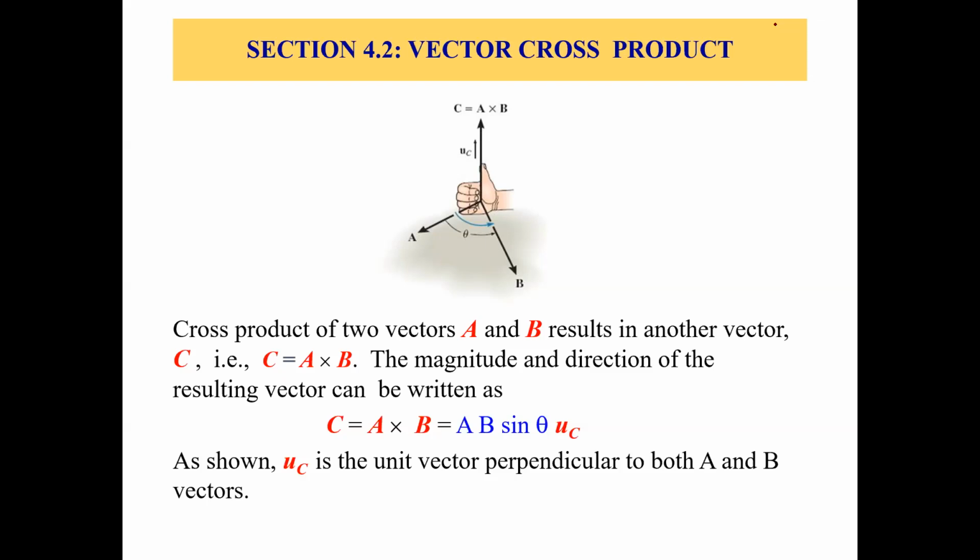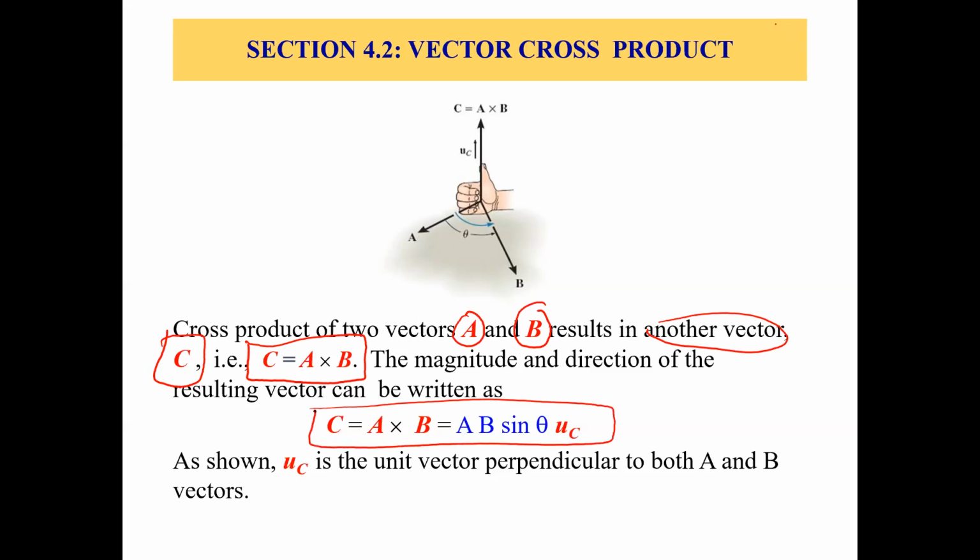So once we have 2 vectors, let's say vector A and vector B, and you take a cross product, you get another vector, which is vector C. You write it as A cross B equals C, where A, B, and C all are vector quantities. C equals A cross B, and how do you get C?